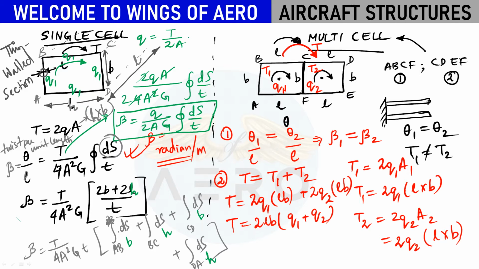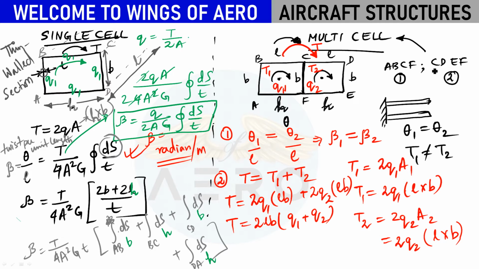Now what happens in the case of multi-cell? This is a figure for a multi-cell. Here let's consider this one as H, not L, as there might be some confusion. So this is H, two cells. A, B, C, D is one cell as I've written here, and C, D, E, F is another cell. So in this figure we have two cells.